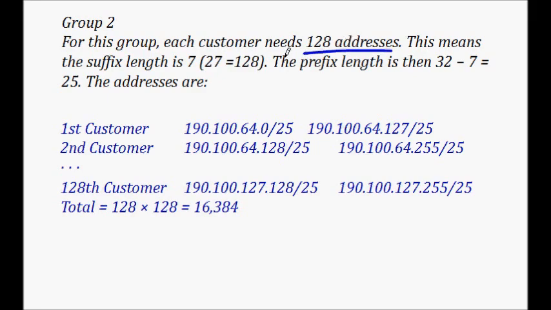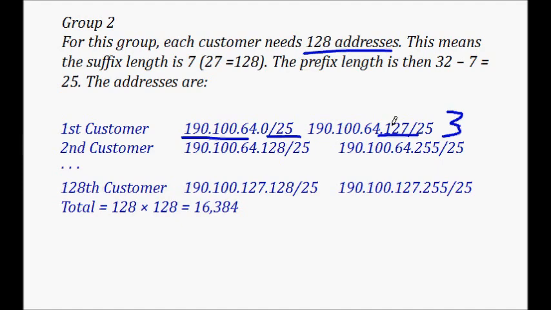So we need 7 bits in our host suffix to represent 128 hosts. We have 190.100.64.0 and now a /25 network, which goes from 64.0 to 64.127. This is my first customer.